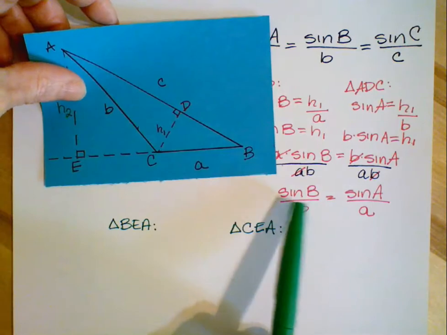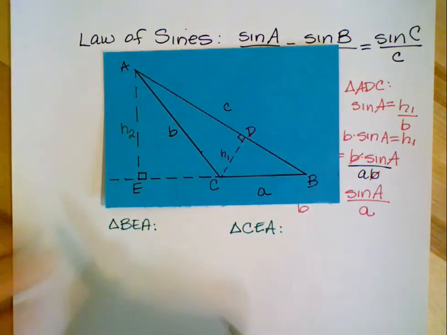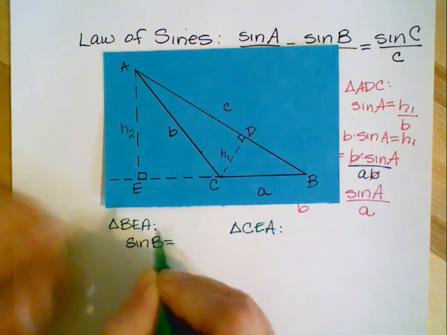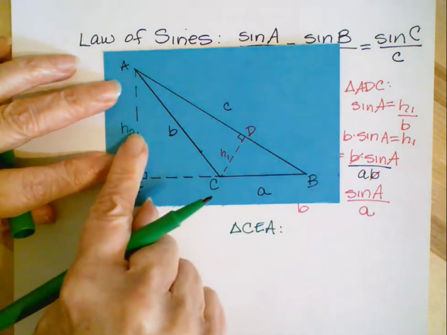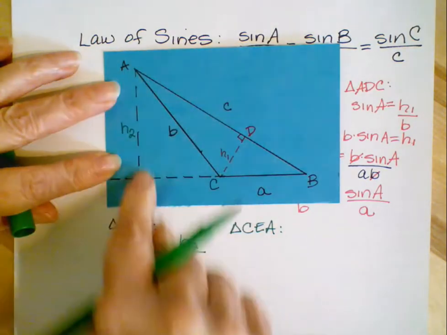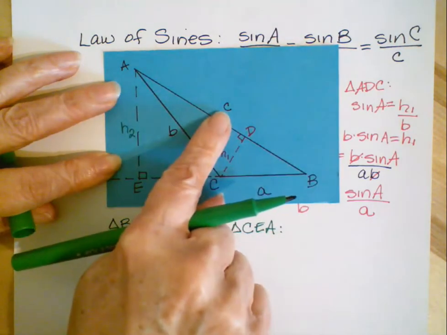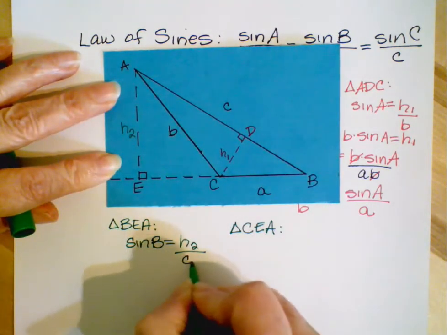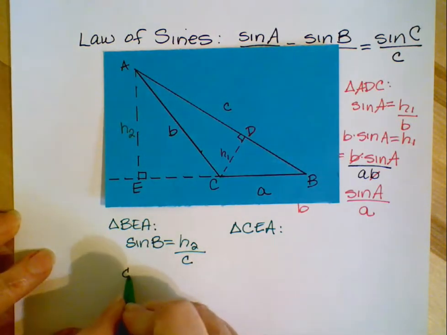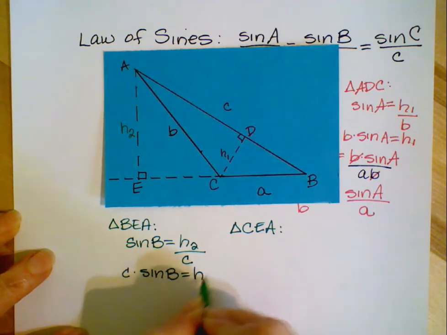So with this angle B, we know the sine of angle B is equal to the leg opposite the angle, which is h sub 2, over the length of the hypotenuse. Now in this triangle BEA, side AB, which we said was C units long, is the hypotenuse. So just as we've done before, we'll multiply both sides by C, and that's going to isolate then that h sub 2.